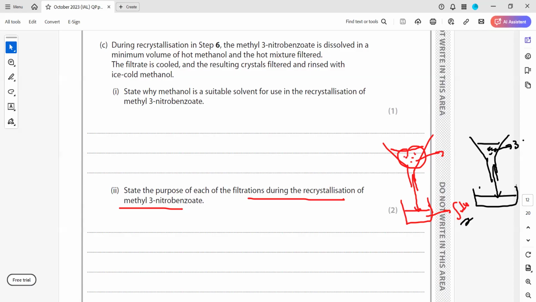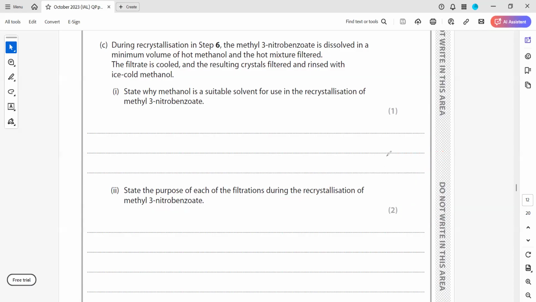Look, when we carry out a hot filtration, it means the solution is hot.